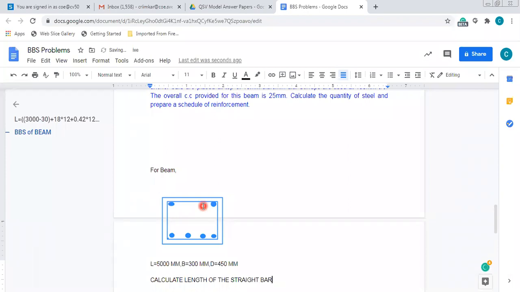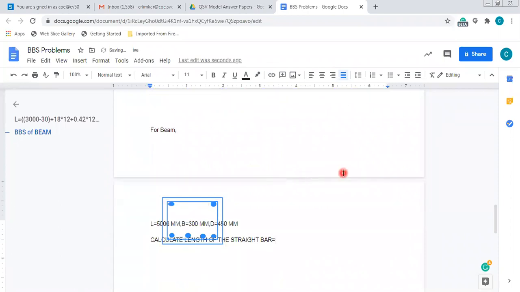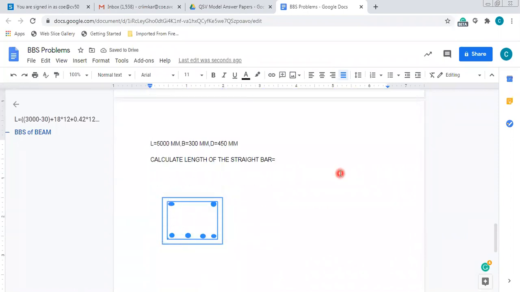How to calculate the length of a straight bar? Again, we will discuss. What is our regular formula to calculate the length of a straight bar? Anyone? What formula did we use as far as our slab problem or BBS of slab is considered?